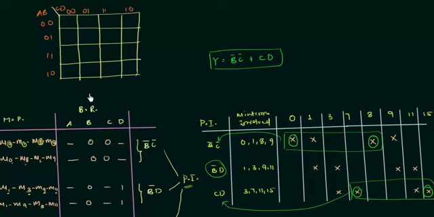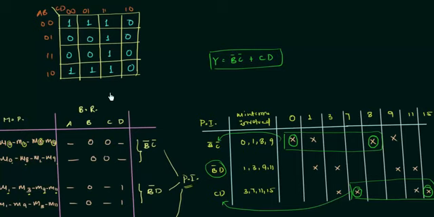We are going to fill this K-map quickly. 1 1 0 1 0 0 0 1. We have 8 and 9, so 8, 9, 10 is 0, 11 is 1, 12 is 0, 13 is 0, 14 is 0, and 15 is 1.